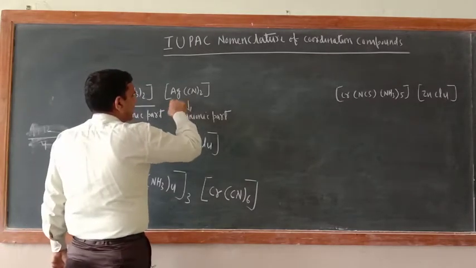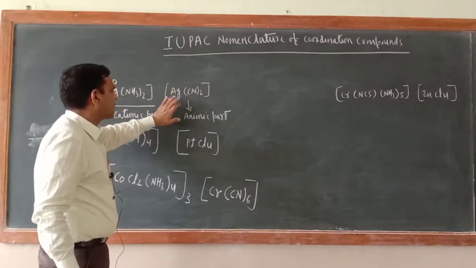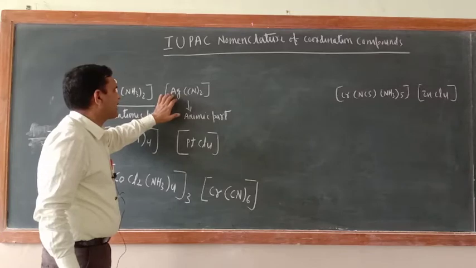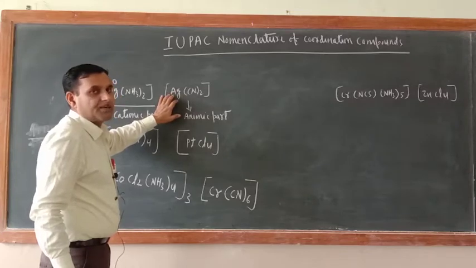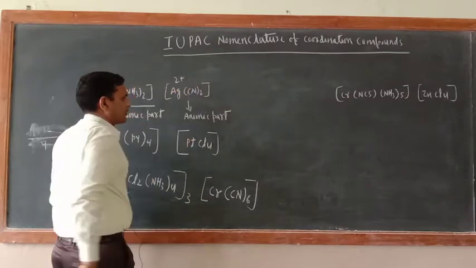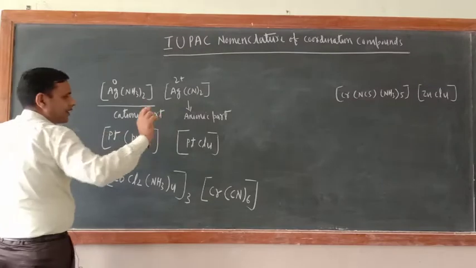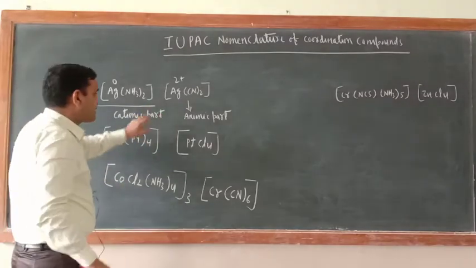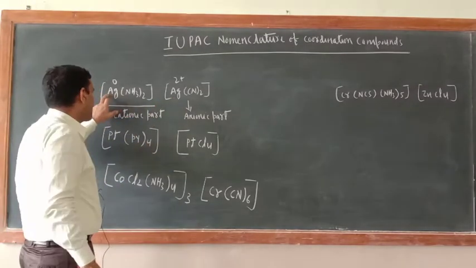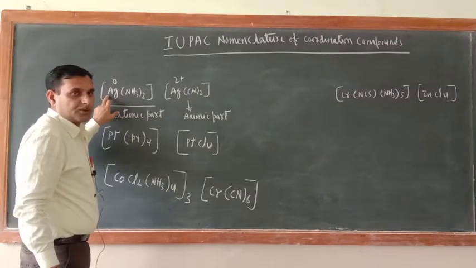If you calculate as such, it will come 2, so this is 2 positive. Now it is not good that one silver has 2 positive charge and another silver has 0 charge. So you do one thing.